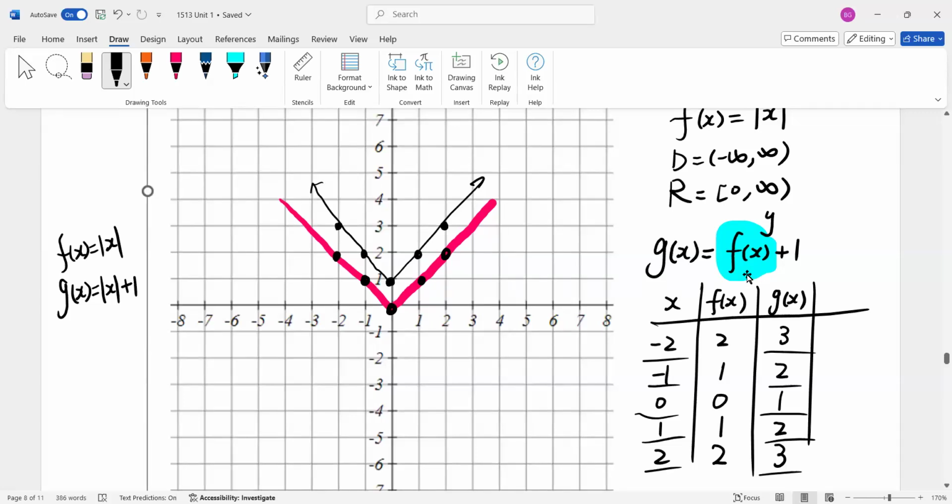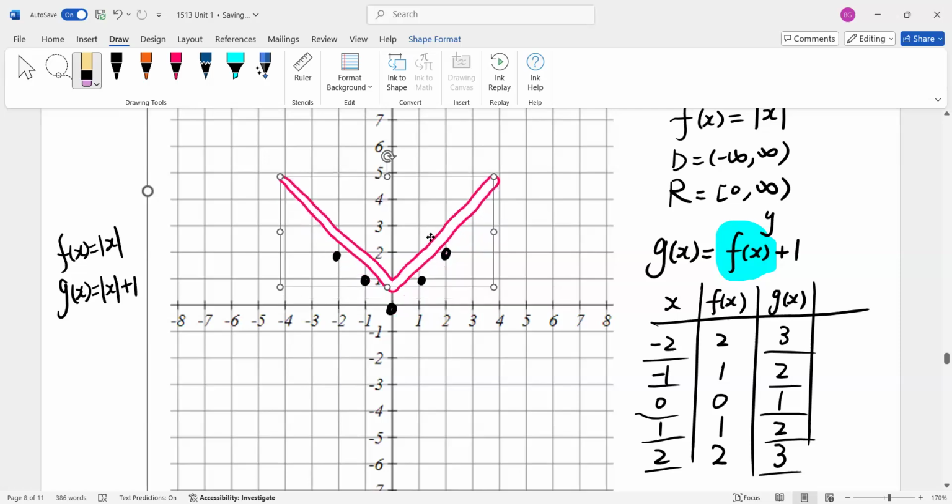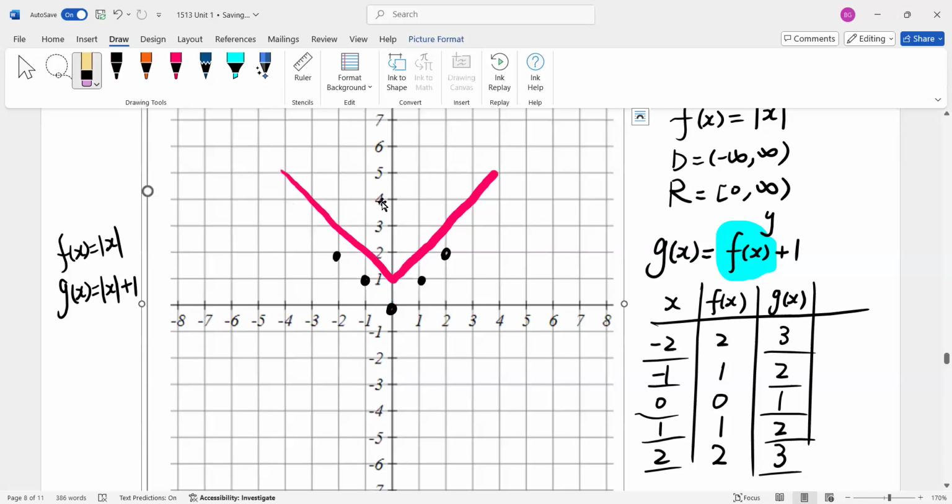So I want to show you the idea. So this graph is the mother function, absolute value function, right? If we add 1 to the function, to f, to y, we just need to shift the graph upwards 1 unit. Now this graph is the graph of g of x, the daughter function.